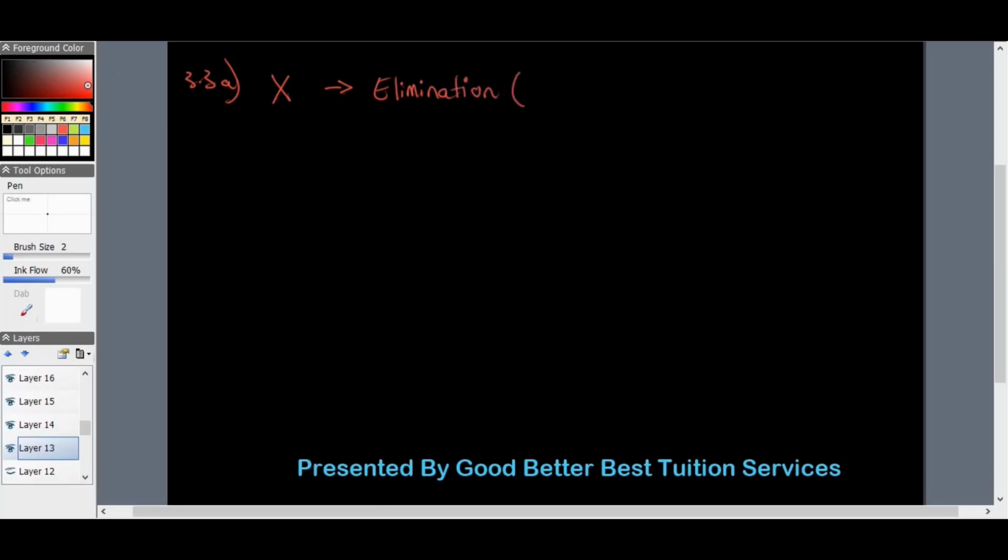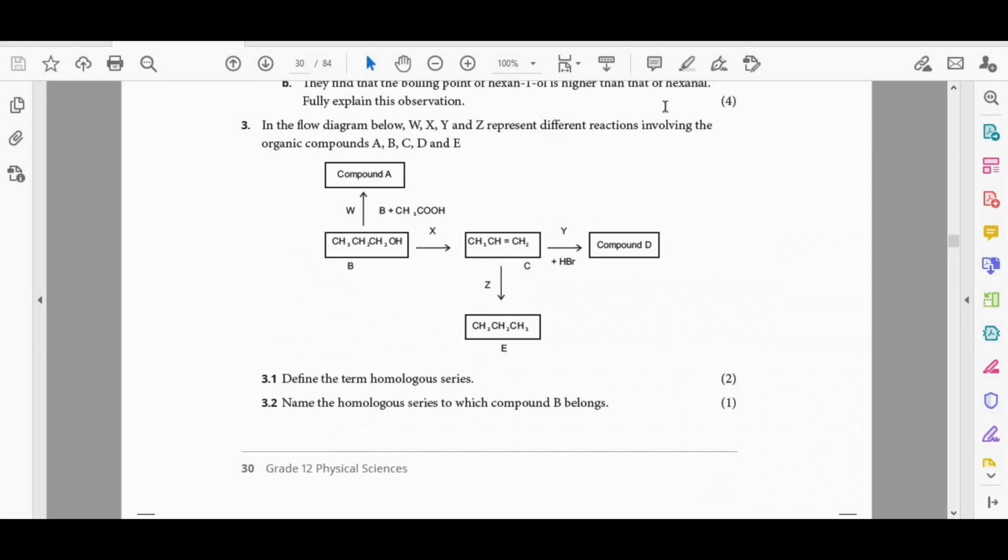Dehydration, because there is a missing hydrogen and the OH hydroxyl group, meaning H2O was taken away, and we are left with CH3, CH double bond CH2, in condensed structural formula. So we've gone from an alcohol to an alkene. Looks like propene.